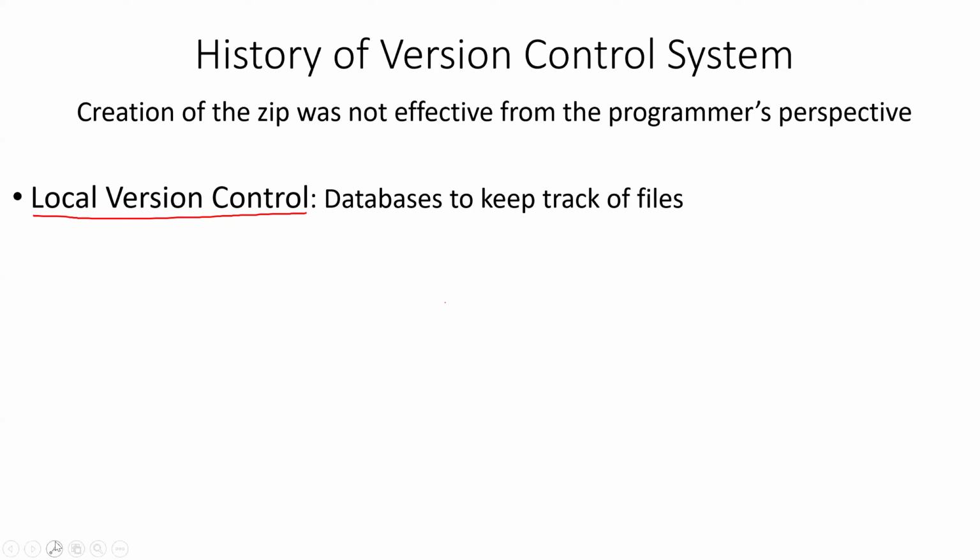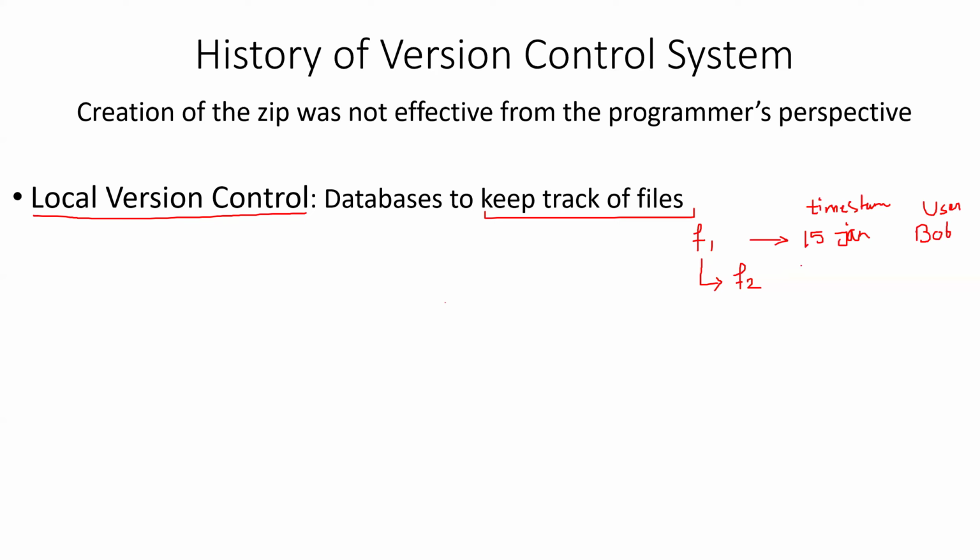With the databases, they started trying to keep track of files. Let's suppose initially the file was F1, and the next time I changed it to F2, writing some changes in this file. For F1 there is a timestamp that they manage. Let's say this one was updated on 15th January, and there is a user, let's say Bob. Then the next change happens in file F2, and they also mention what the changes are in the file.